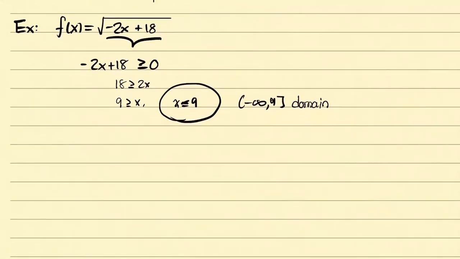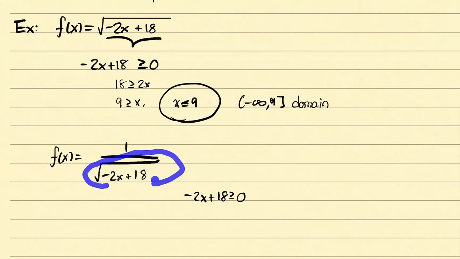So now, let me change it up. Let me put this inside the denominator. So I still have that same restriction. I know that this has to be greater than or equal to 0. But since this is now in the denominator, I need to be extra careful of the restrictions. Can I have the square root of 0 down here?